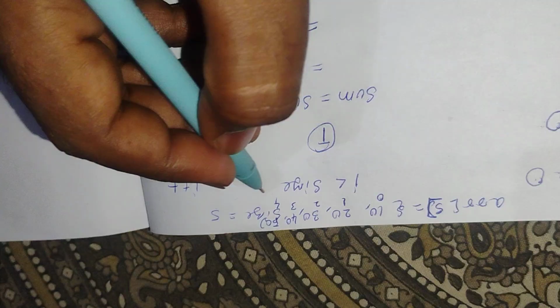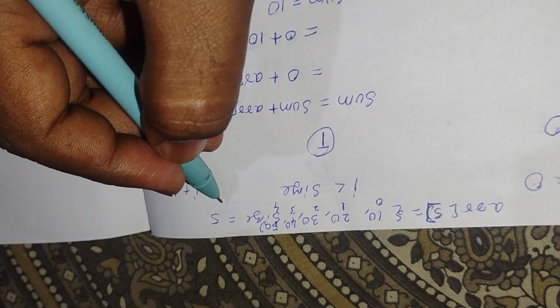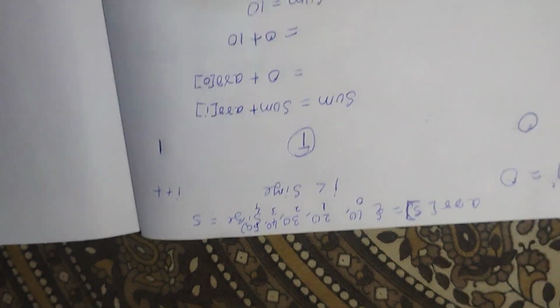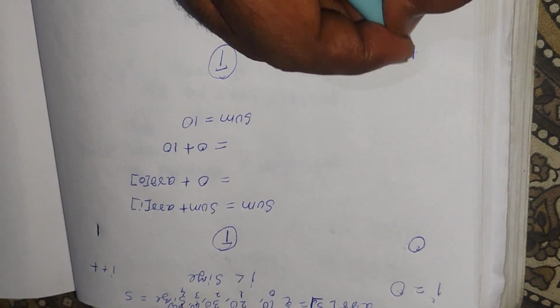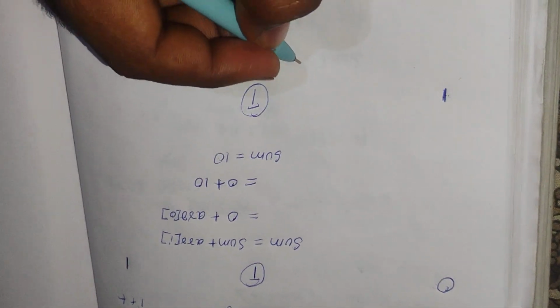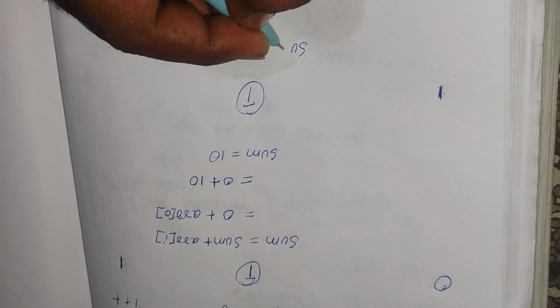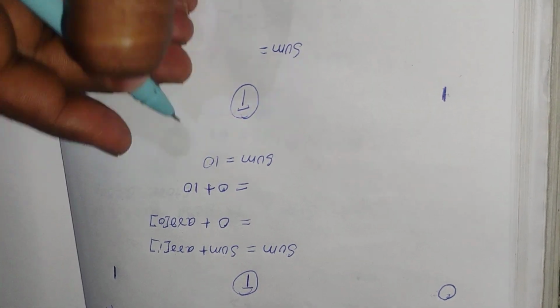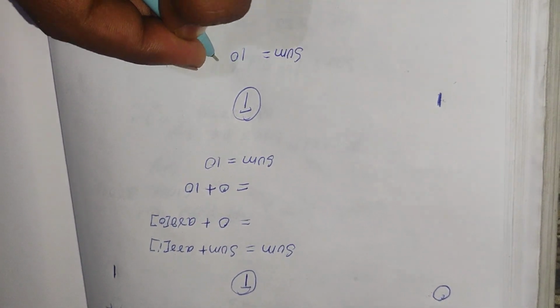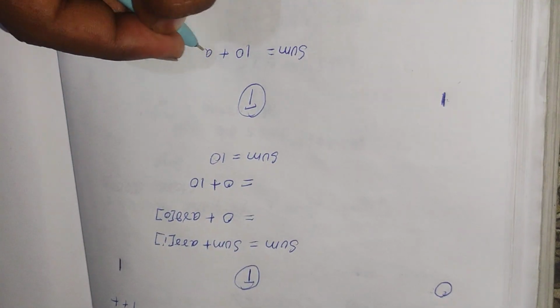So 1 is less than 5 or not? True or false? True. So here i is 1. Again, sum is equal to, what is the sum value? Updated value 10. What is the array value?